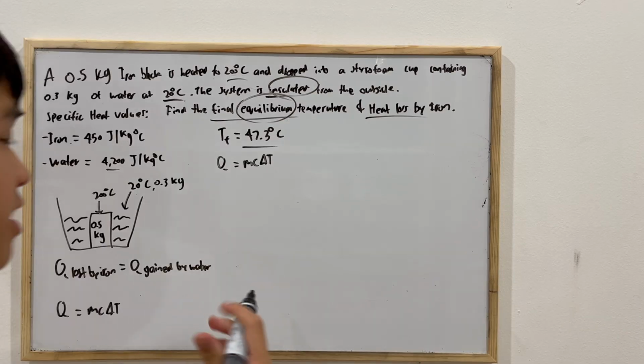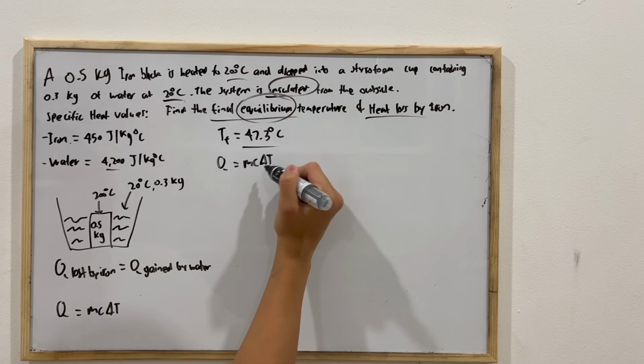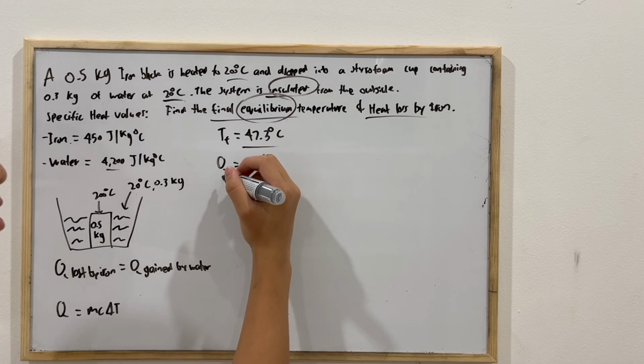Finally, to find the heat lost by iron, we're going to use the same equation, Q equals mc change in T, where Q is the heat lost by iron.